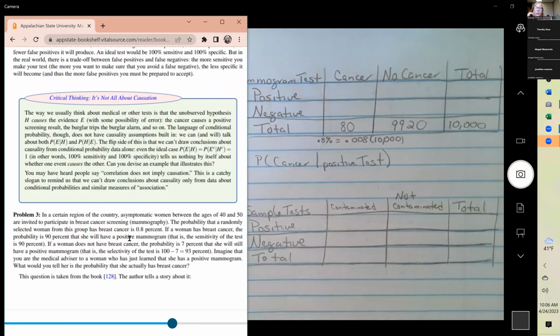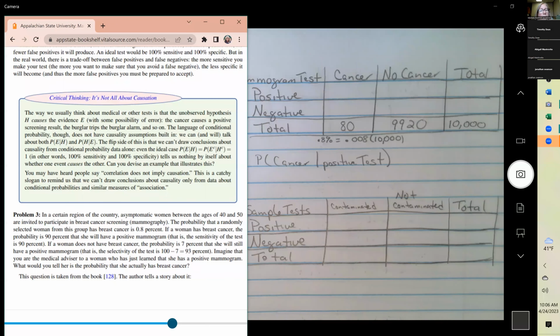So 9,920 of them do not have cancer. Any questions on the bottom part?